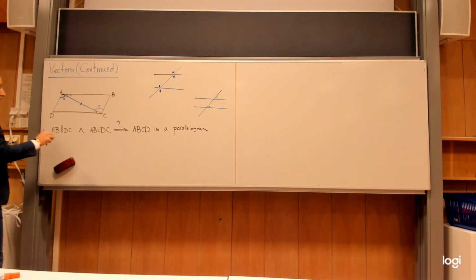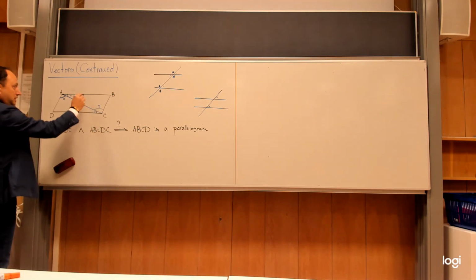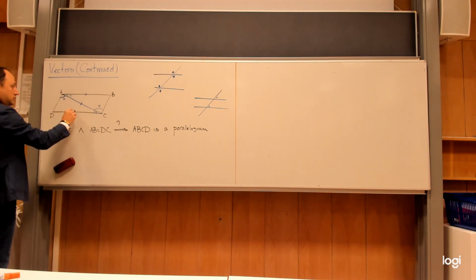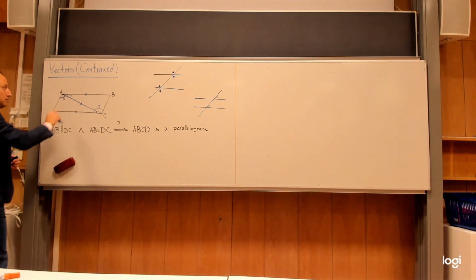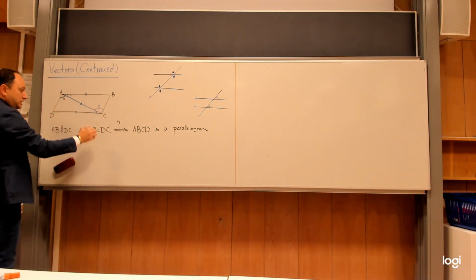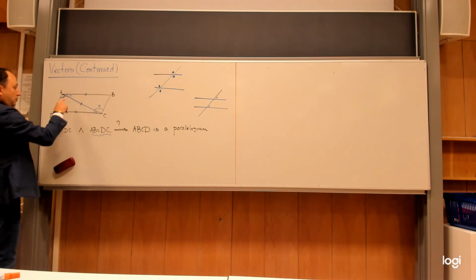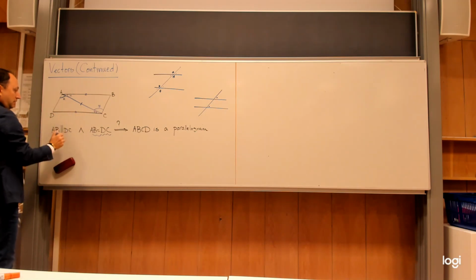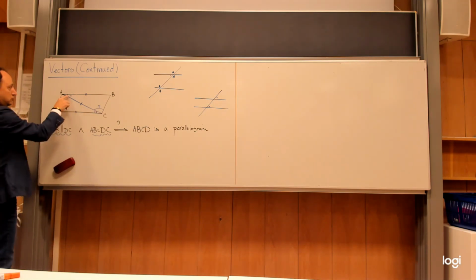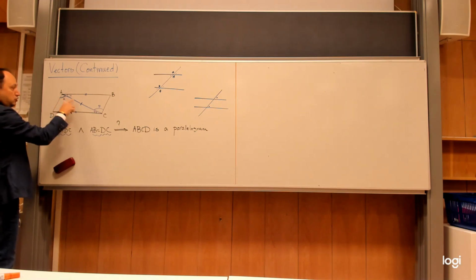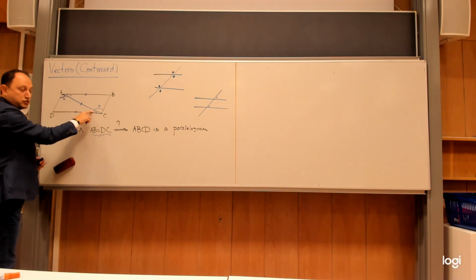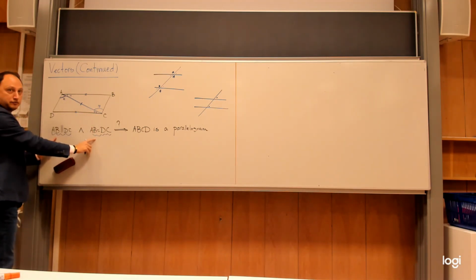And the other one, we know that AB is equal to DC. And because they are parallel, so you see I use this piece of information here. Now because they are parallel, I am using this piece of information to conclude that if this angle is U, this angle is also U. So you see I am using both pieces of information here.